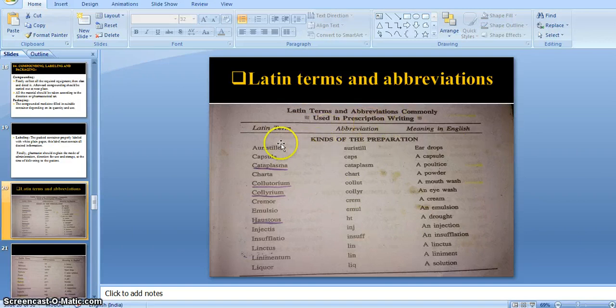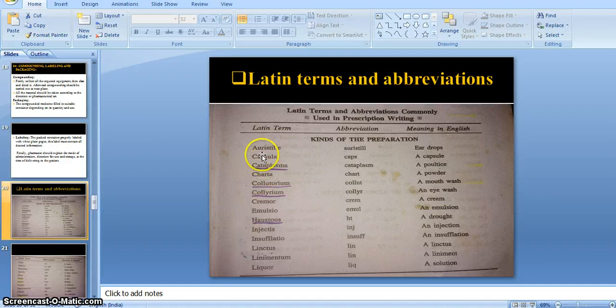These are the Latin terms the doctor uses when prescribing. There are three columns. The first column is the Latin term, the second column is the abbreviation, and the third column is the English meaning of these Latin terms.